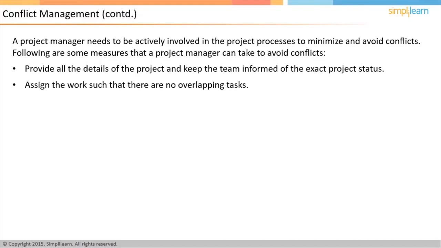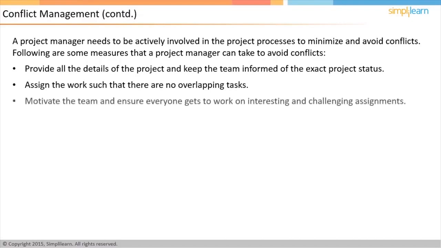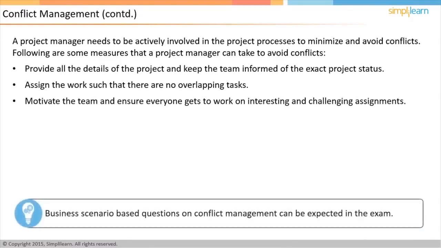So one of the responsibilities of project manager is to keep motivating the team members and let them work on interesting and challenging assignments. Business scenarios-based questions on conflict management can be expected in the PMP exam, so it is essential to have a fair understanding of the topic. In the next screen, let us look at conflict resolution techniques.